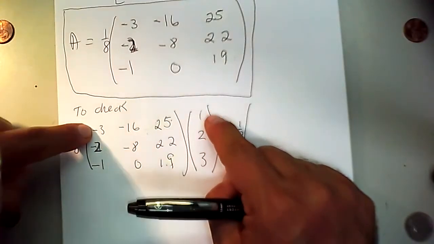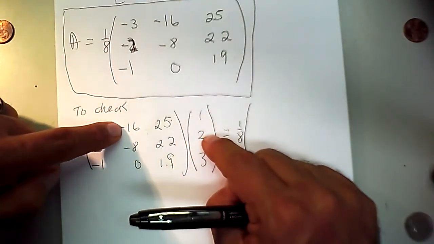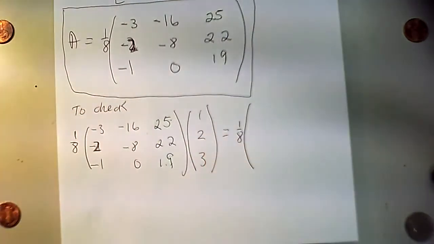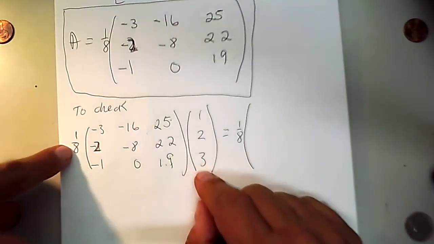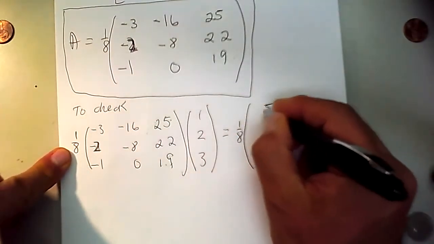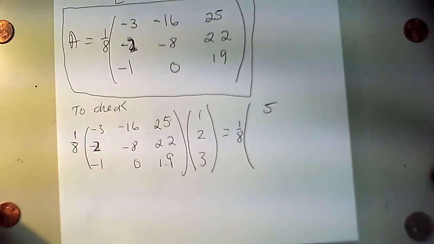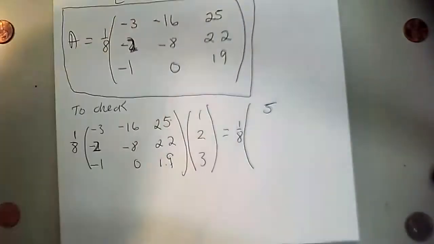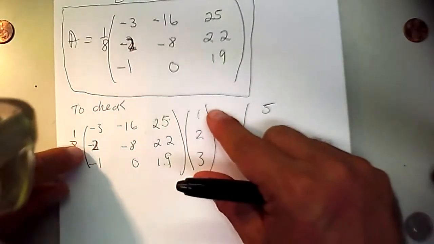Negative 3, negative 35, plus 50, no, plus 75 is 40, divided by 8 is 5. Good. So the first output is correct. We're supposed to get 5. The next output should be 6. Let's see if it is true.